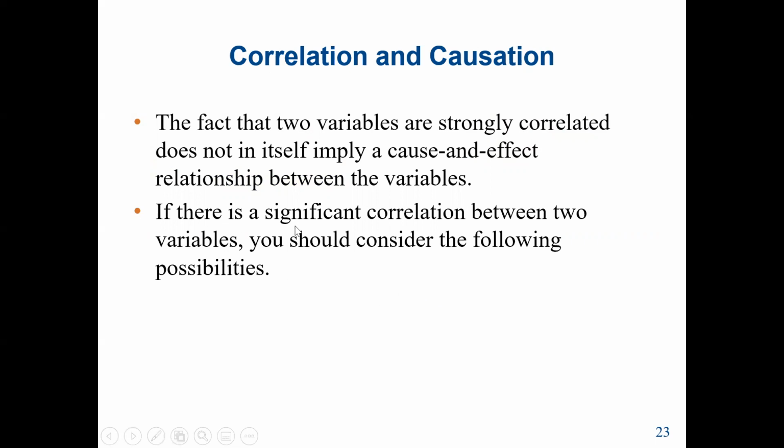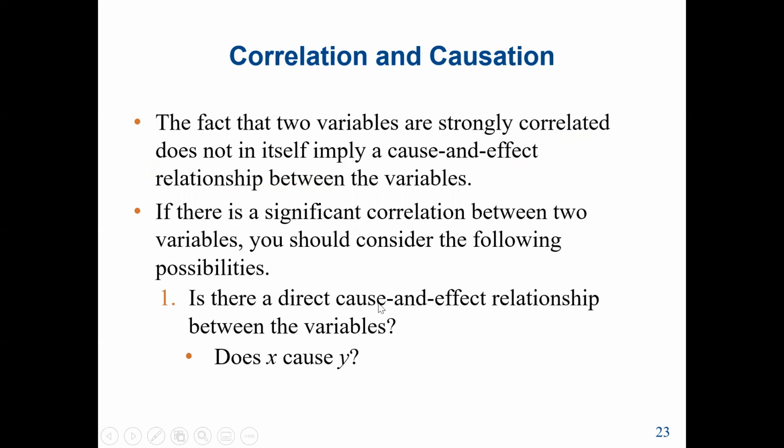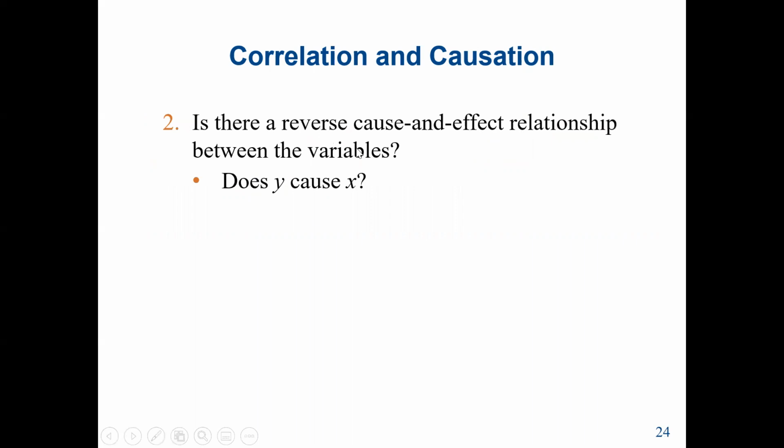So here we say if there's a significant correlation between two variables, you should consider the following possibilities. Is there a direct cause and effect relationship between the two variables? Does X cause Y? Or is there a reverse cause and effect relationship between the variables? Does Y cause X, the opposite?